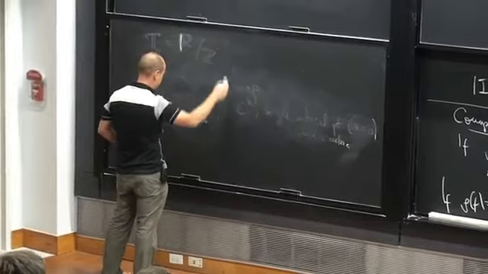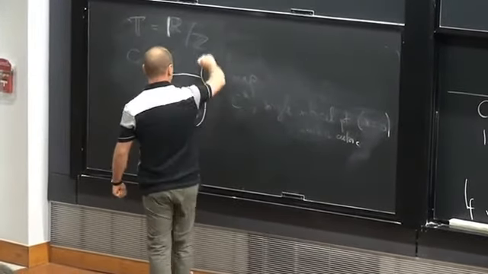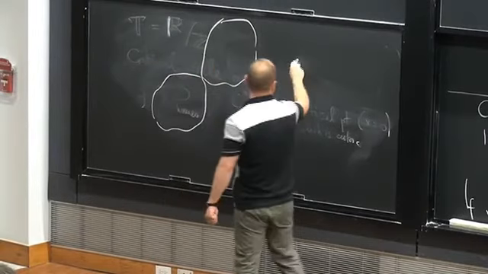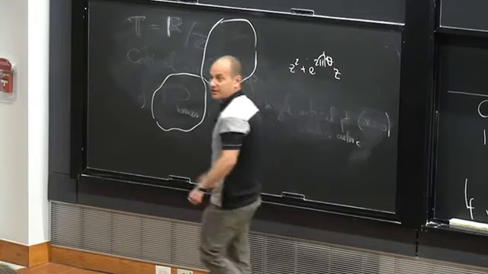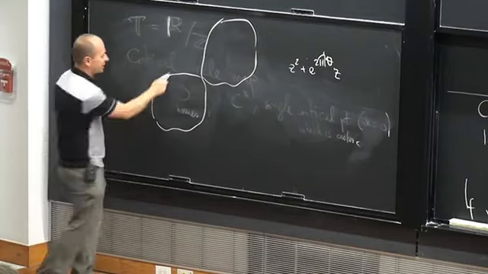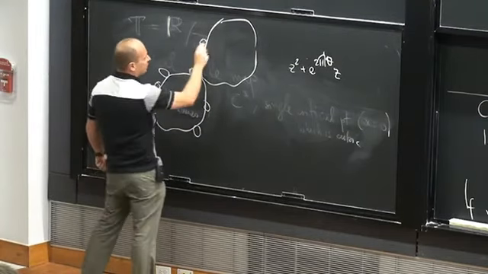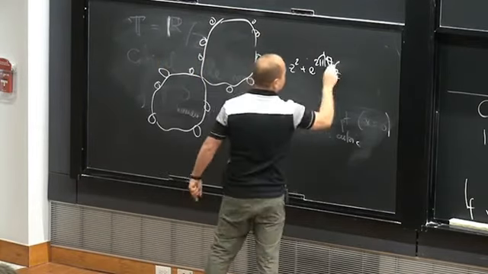So the pairs that Curt used, well, let me just draw you a picture. If this is the Siegel disk, so we're talking z squared plus e to the 2 pi i theta z. This is the Julia set. The rotation number is the golden mean. So this is theta star.